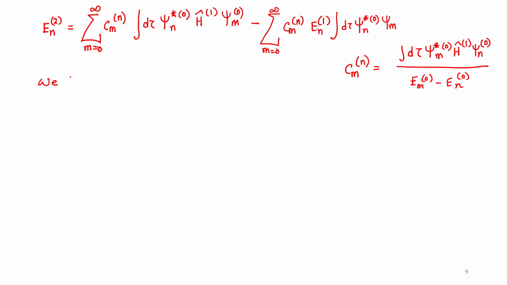So we have to take the condition where m is not equal to n. If m equals n, then this integral would have survived, but the c_mn is going to be very large, because the denominator is 0, and that is not going to help. So we need to work with the condition where m cannot be equal to n, and at that time this integral is going to vanish, so that term is going to vanish overall, right?